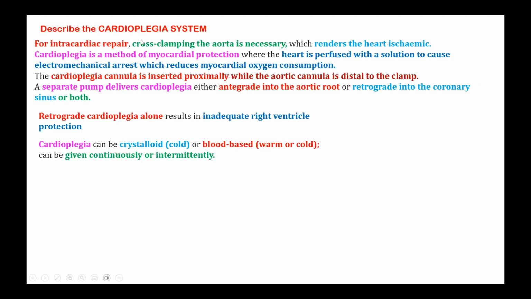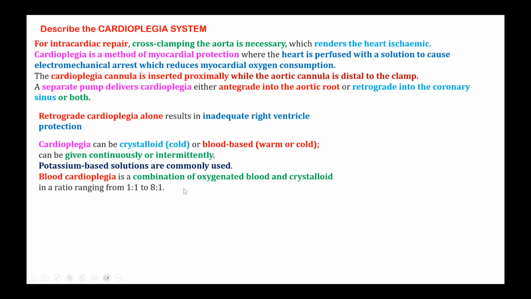So the classification of cardioplegia can be antegrade or retrograde based on the route of administration. Based on the composition, it can be crystalloid or blood-based. Based on the technique of infusion, it can be continuous or intermittent. Okay, so three ways of classifying, and most of them are potassium-based solutions.